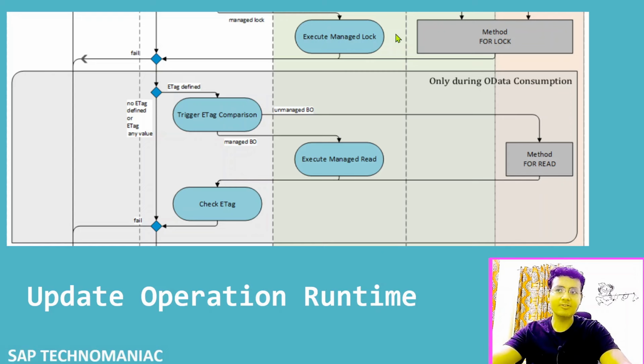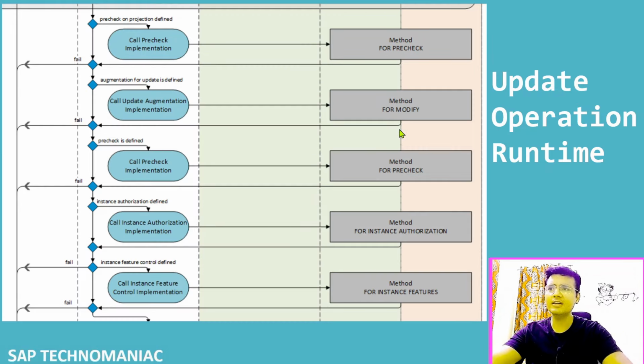Once lock and ETag are evaluated, these are all the methods which we have seen in the create scenario also: the pre-checks of the projection layer, then the augmentation method, the pre-checks of the interface layer, then the authority check method, and the instance feature control which you have defined in your behavior definition.